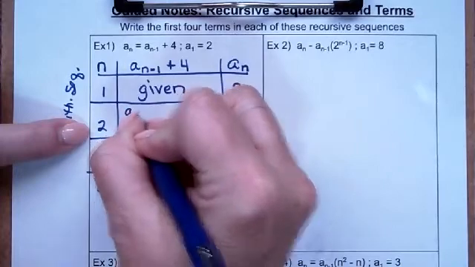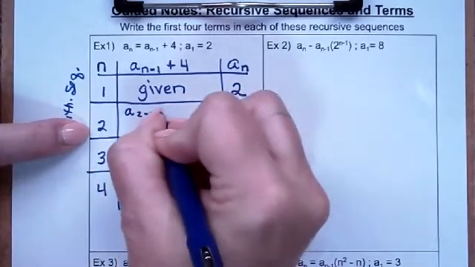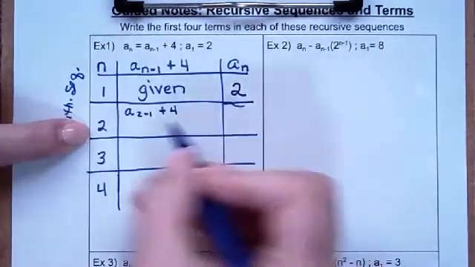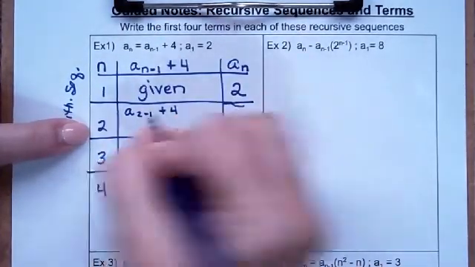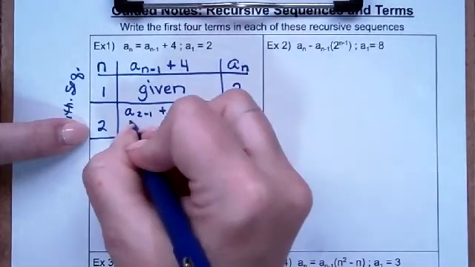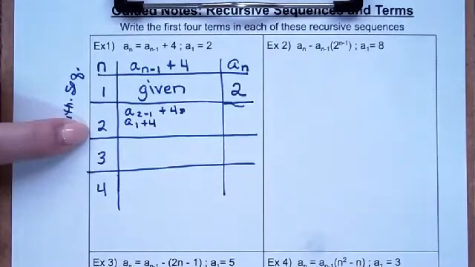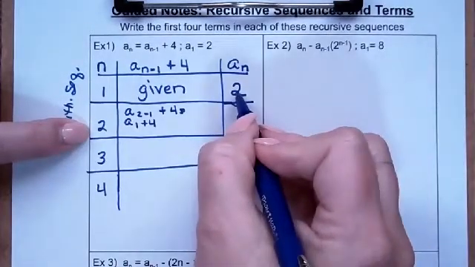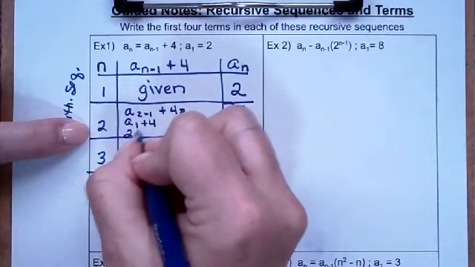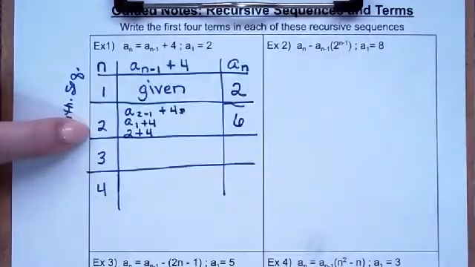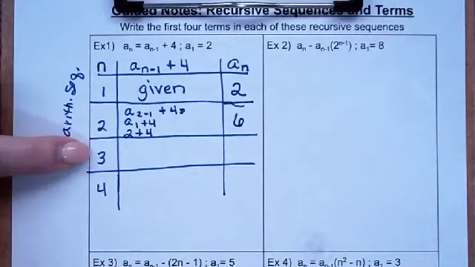So for n equals 2, that's a sub 2 minus 1 plus 4, which is really just a sub 1 plus 4. Well, what's a sub 1? 2. So that's going to be 2 plus 4, which is 6.